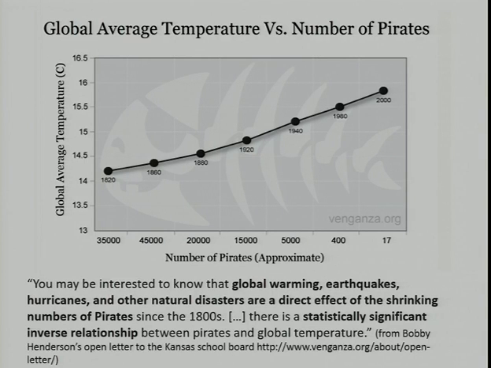Among other things, global warming is especially disastrous for pirates, right? Because there's a very strong correlation between rising temperatures since the 1800s and a disastrous decrease in the number of pirates, right? So there must be a causal relation here. So this is kind of a fun thing to look at.